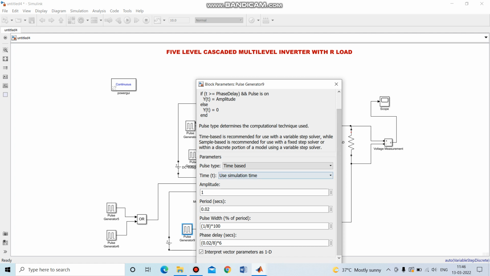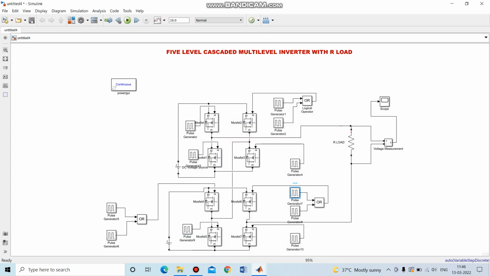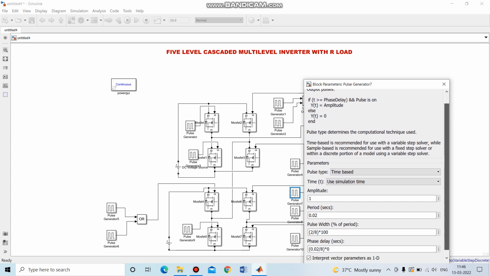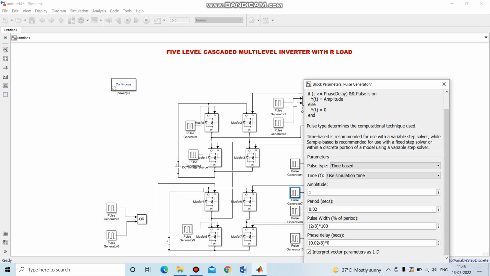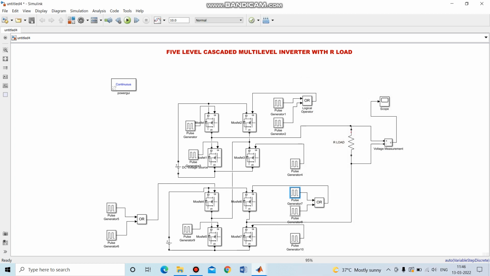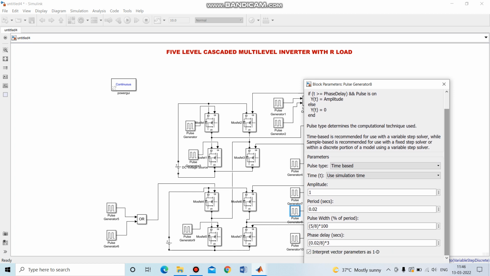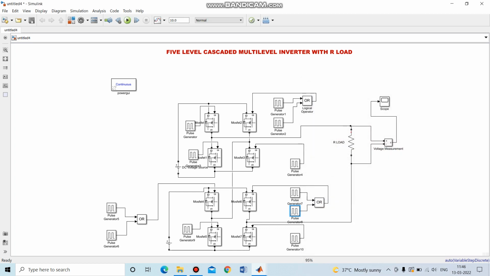These values play a vital role in the switching sequence of your 5-level cascaded multi-level inverter. Then your next MOSFET switch or pulse generator. These two pulse generators are given to a logical operator, then the output of their OR will be given to a gate. Then the last pulse generator.